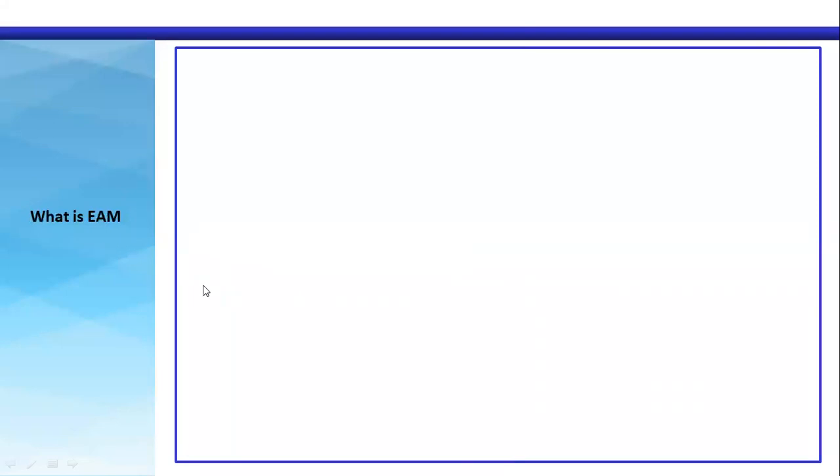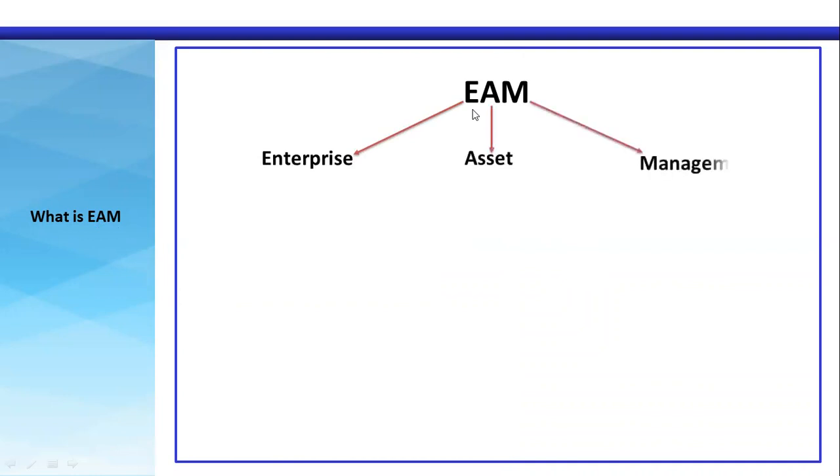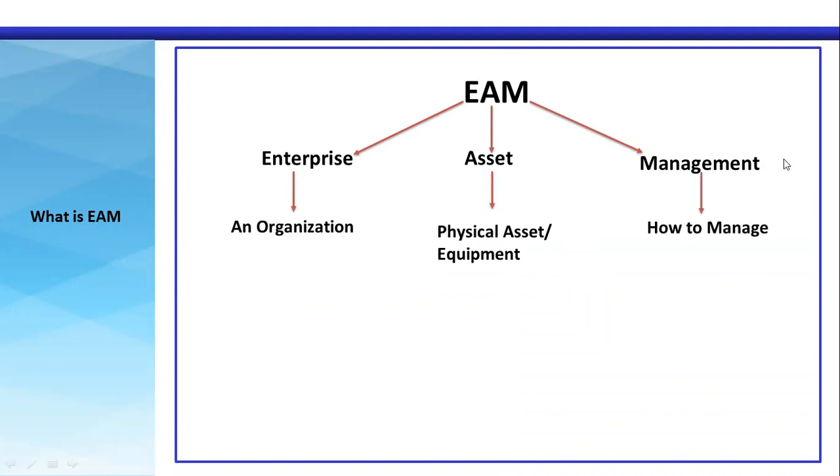So let us come to the next topic. What is EAM? E stands for Enterprise Asset Management. What is enterprise? Any organization or a company. Asset is your asset or equipment. Management means how you manage your equipment or physical asset. So EAM is a process of managing the assets in your organization.